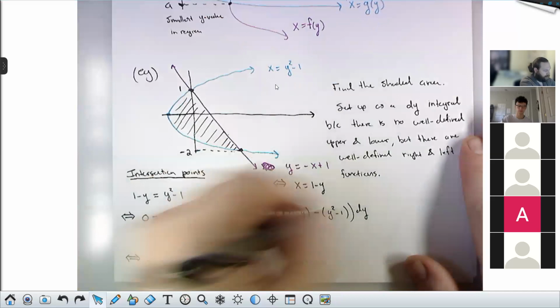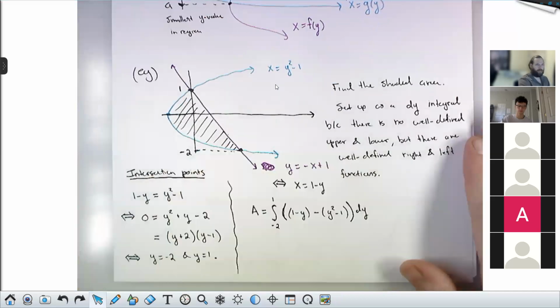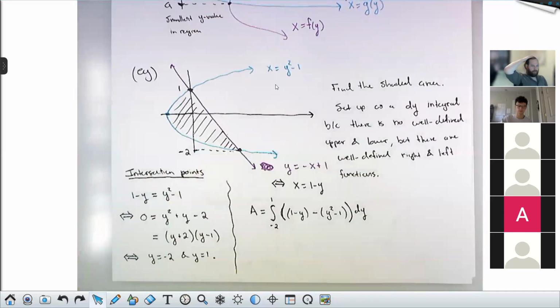Any questions on how I arrived at this integral? Okay.